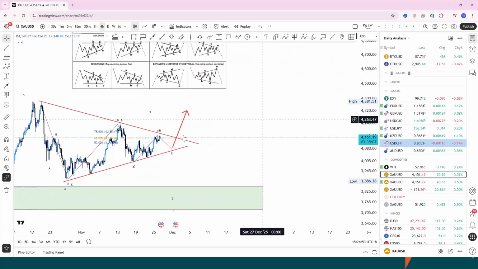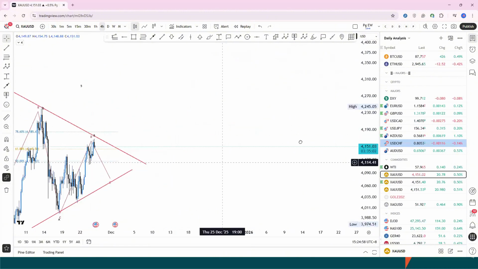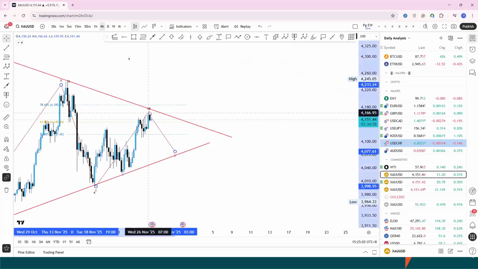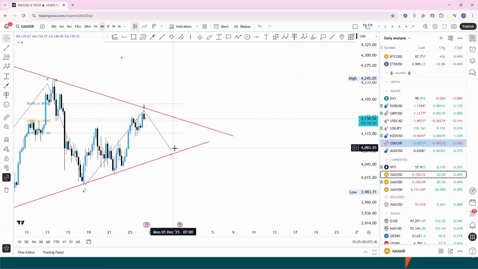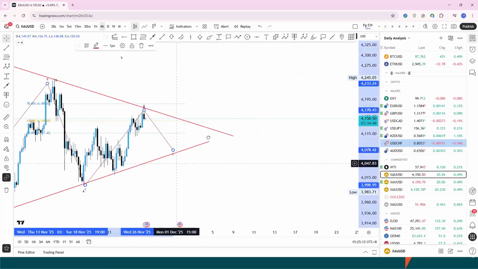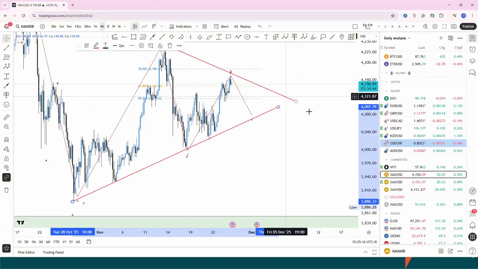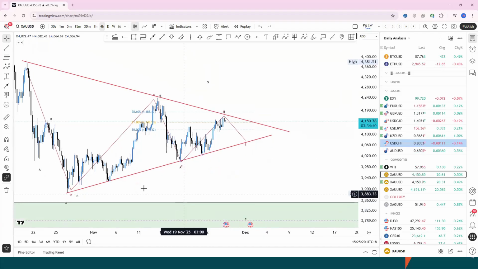Okay. So right now, if this is gonna be the B here, the D here, so I think E gonna be somewhere around here. You are gonna use the triangle and the trend line. All right, yeah.